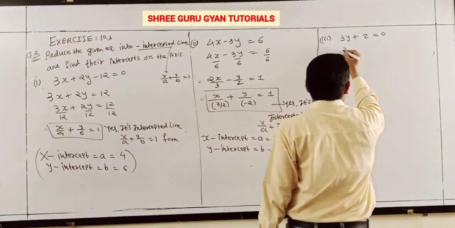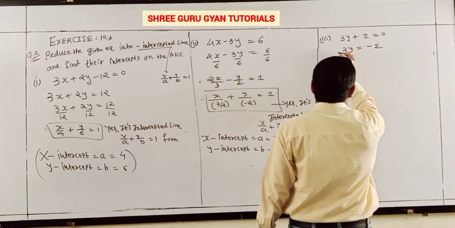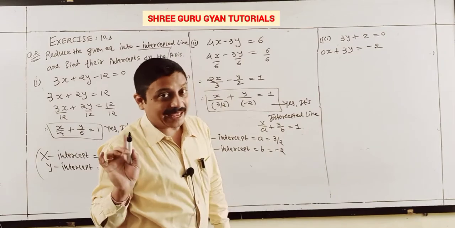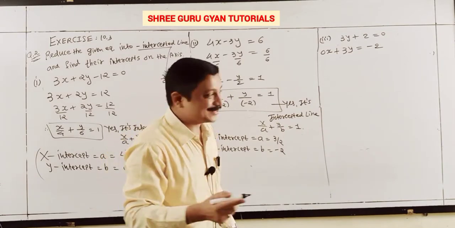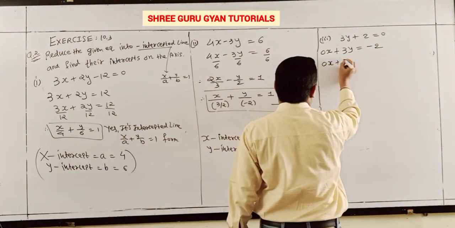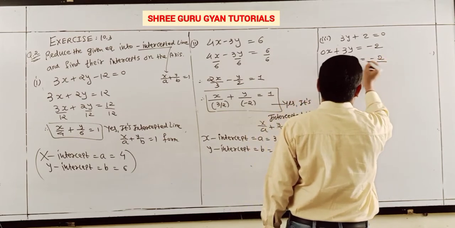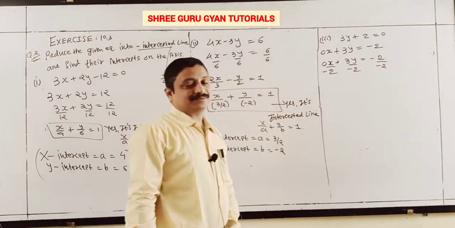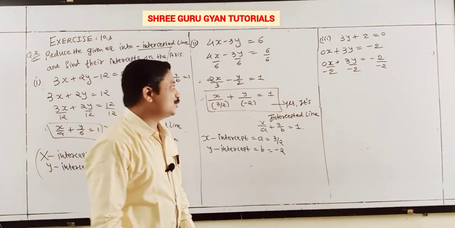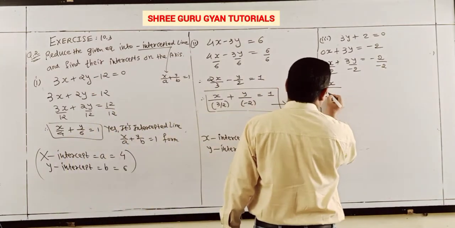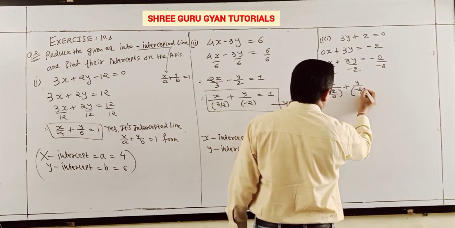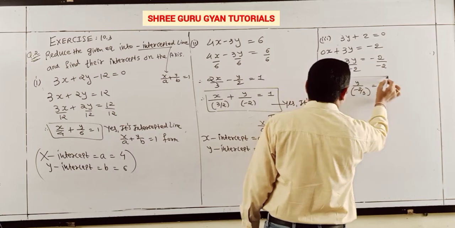Here also students, we can write 3y is equal to minus 2, and write 0x, because I want the x axis as well as the y axis. Now divide each term by minus 2. So x upon minus 2 by 0, y upon minus 2 by 3, and that is the one.